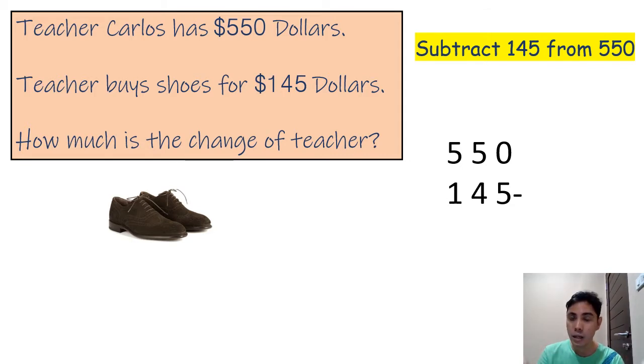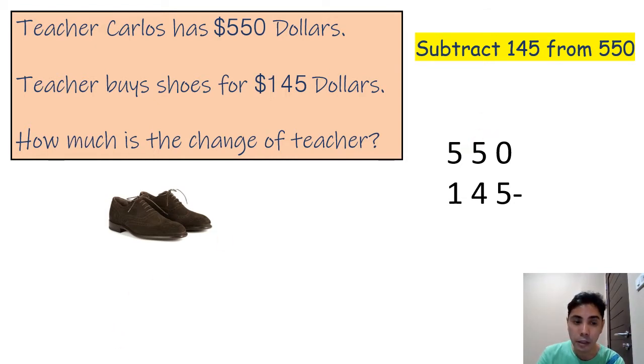Can we? No, we cannot take away or subtract a big number from a small number. It's not enough. So we borrow from our neighbor. And who is our neighbor? This one. So from the ones place, we borrow from the tens place, which is 5.